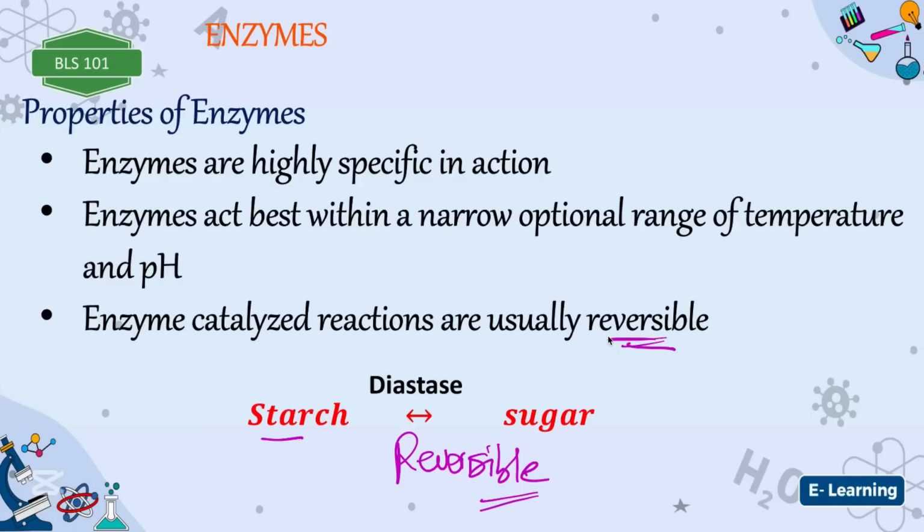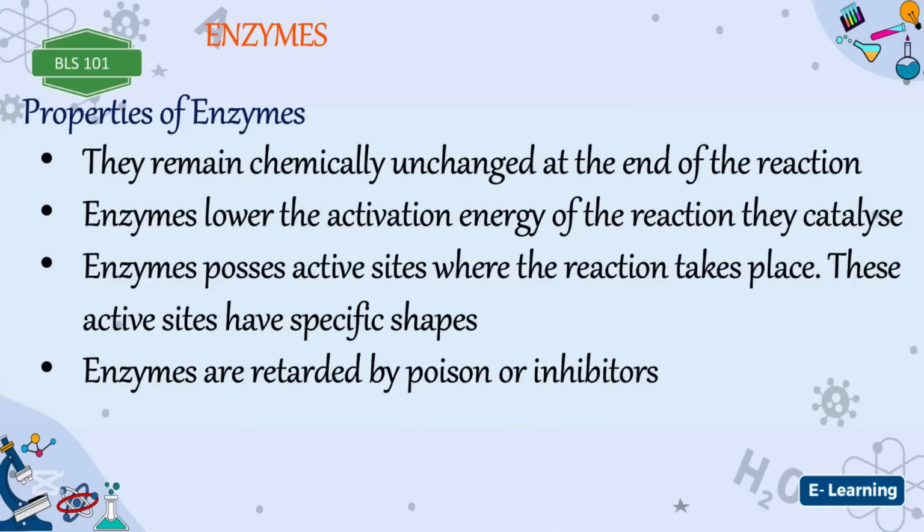And they say enzyme-catalyzed reactions are irreversible reactions. You know that that one is false. Enzyme-catalyzed reactions are reversible reactions. Now, they remain chemically unchanged at the end of the reaction. Enzymes lower the activation energy of the reaction they catalyze. We have explained that before, that they work by lowering the what?